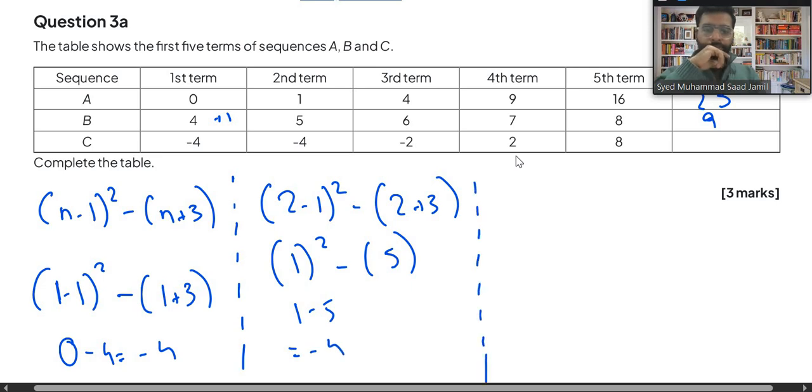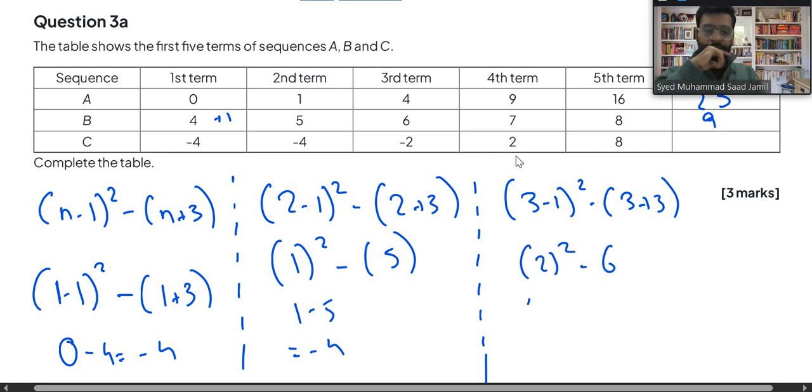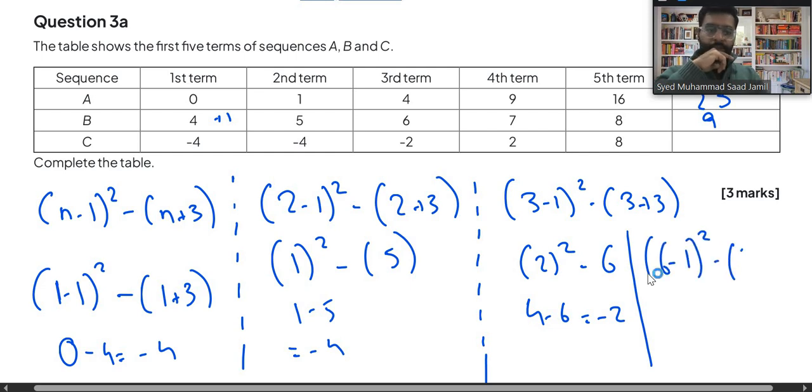For the third term, I will say 3 minus 1 whole squared minus (3 plus 3). So this becomes 2 squared minus 6. So it's 4 minus 6, which is minus 2. Get it? So for the sixth term, I will say 6 minus 1 whole squared minus (6 plus 3).